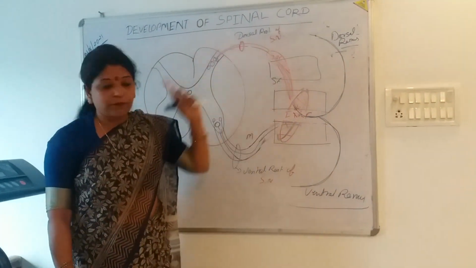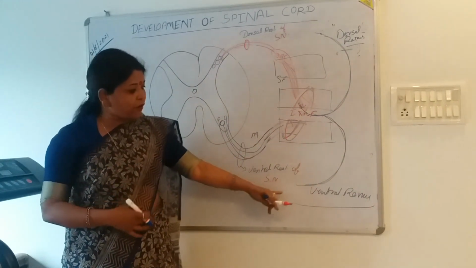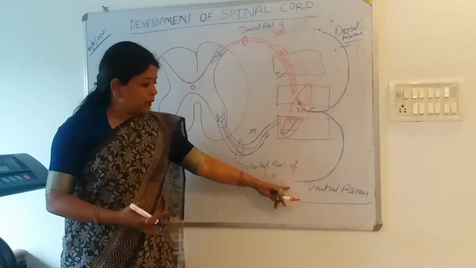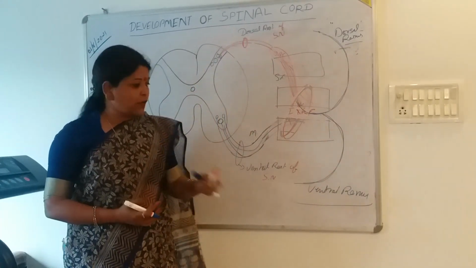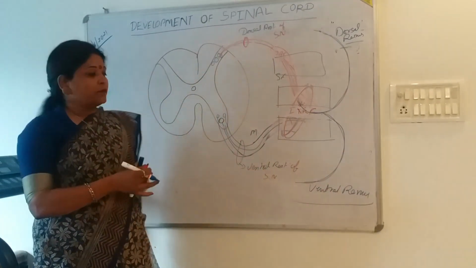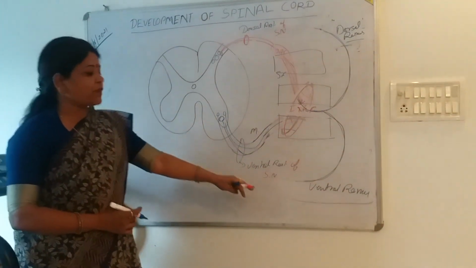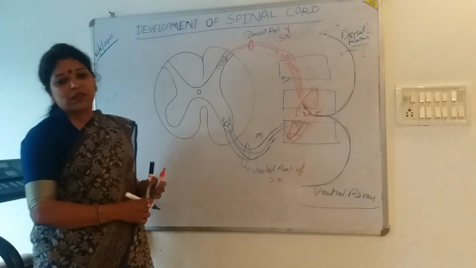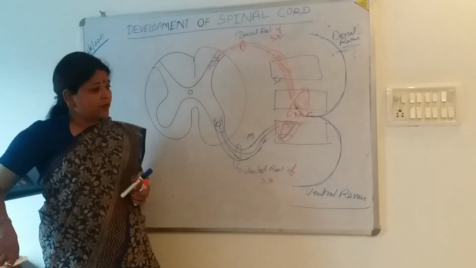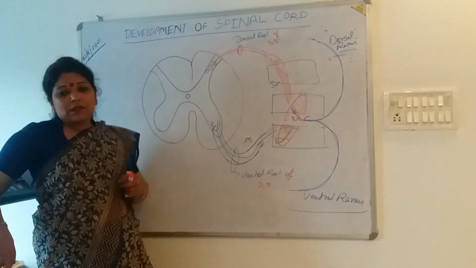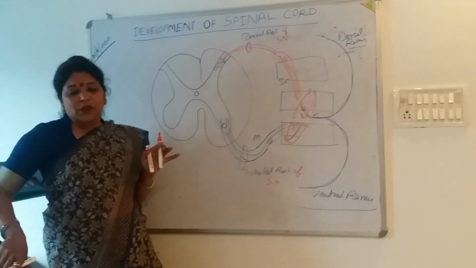Rest of the body parts, limbs, anterolateral region, that means the ventral ramus has got more area to supply at the cost of the dorsal ramus. And both these branches are mixed, not only sensory or only motor. So the ventral ramus is concerned with the formation of the brachial plexus and the lumbosacral plexus, and the dorsal ramus is concerned with the supply of only a strip of the muscles on the back and the joints present over there.